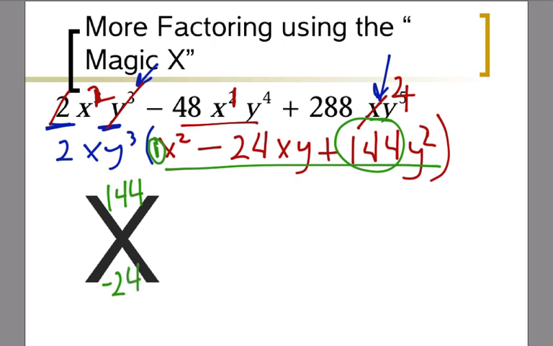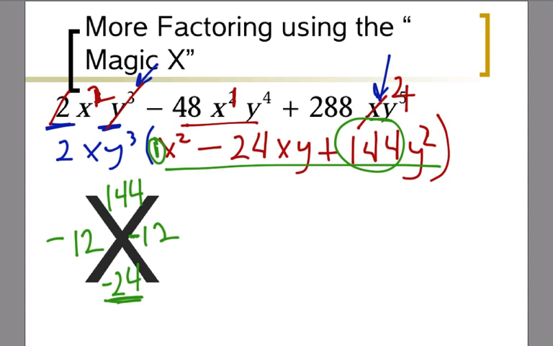So that means I need to figure out what multiplies to 144. It's positive, so they either both need to be positive or both be negative, and they need to add to negative 24. Well, I'm thinking 12 times 12, and they both need to be negative, so this turns into negative 12 times negative 12. That gives me the positive 144, and they add to be negative 24.